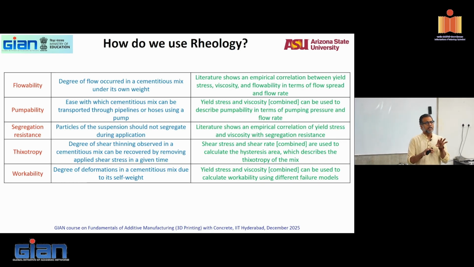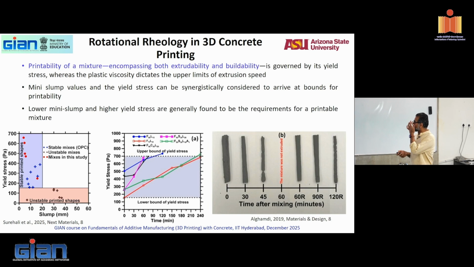So again, yield stress and viscosity explain so many different things, but context matters. In all of this, it's context that matters. When are you measuring? What level are you measuring? And are you translating it to the field for whether it's extrudability or buildability? So get this big picture under control. Printability, both extrudability and buildability, is governed by yield stress and plastic viscosity.